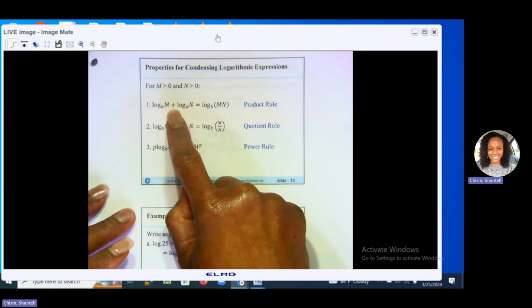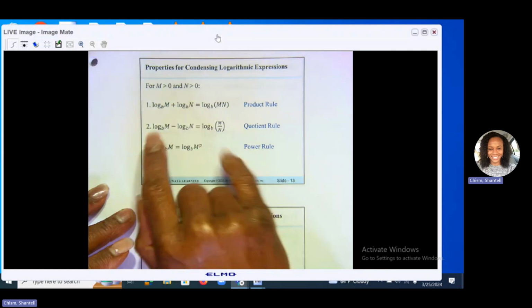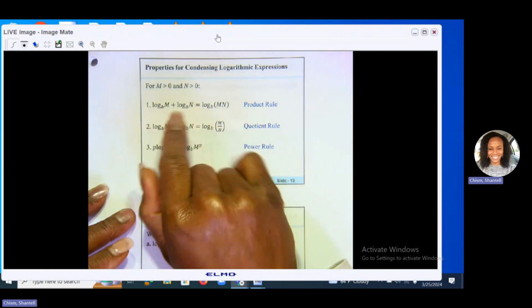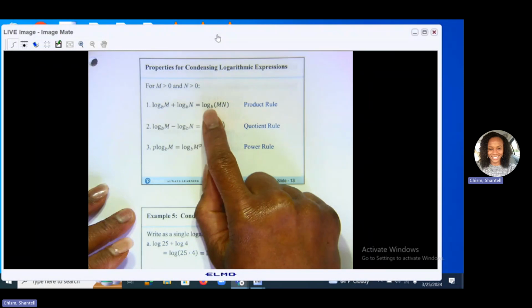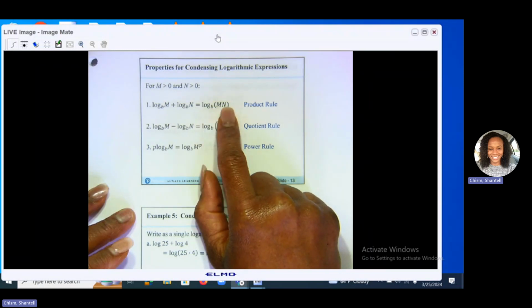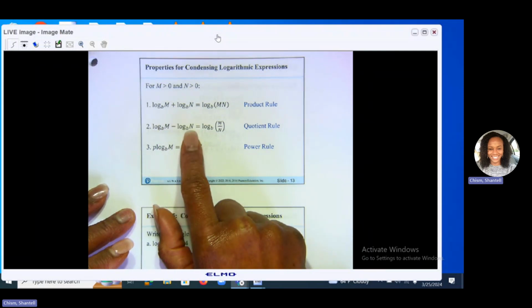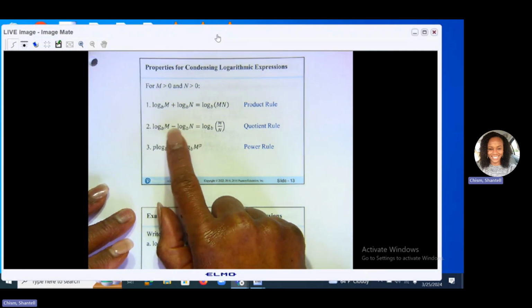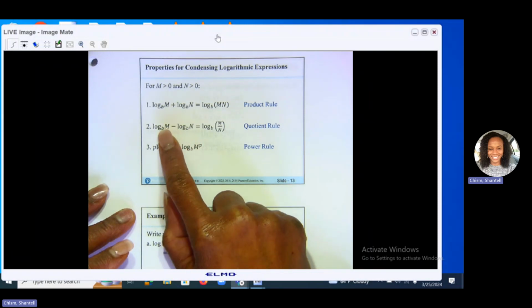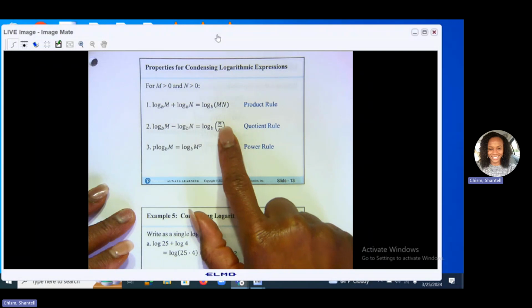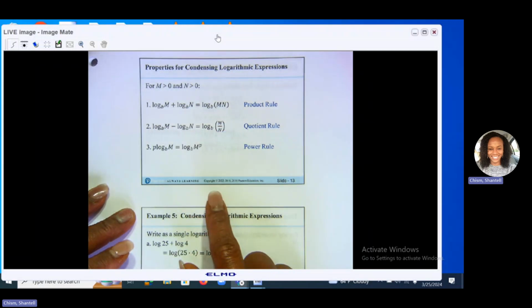So log base b of m plus log base b of n. Because they have the same bases and it's a sum, you can express that as a single log of a product. Here, if you've got log base b on both of these, same bases, and they're separated by a subtraction sign, then that difference can be expressed as a quotient of the values.